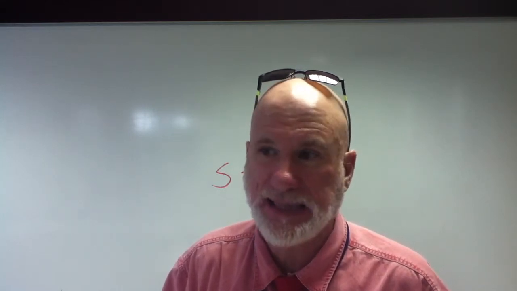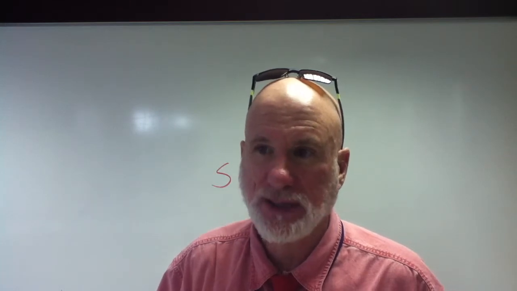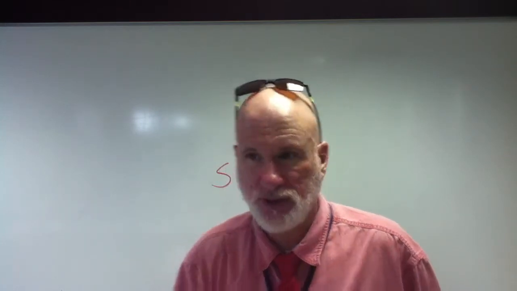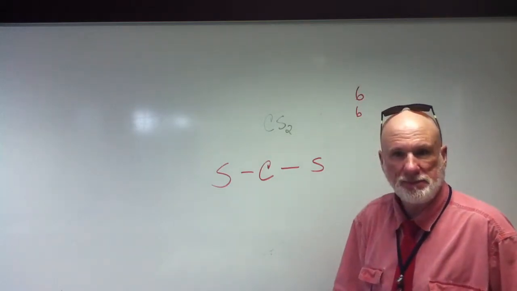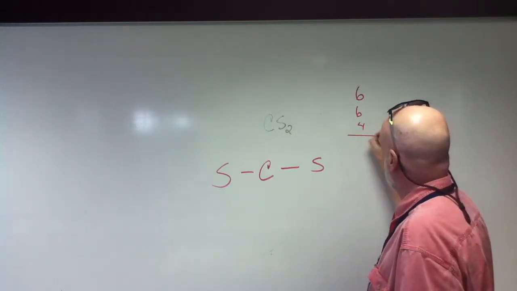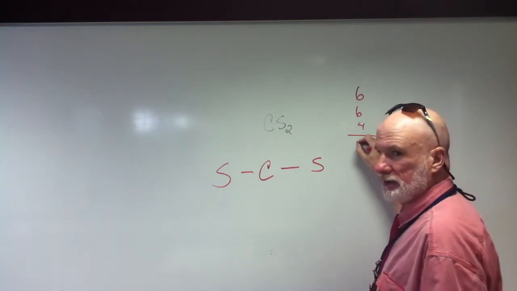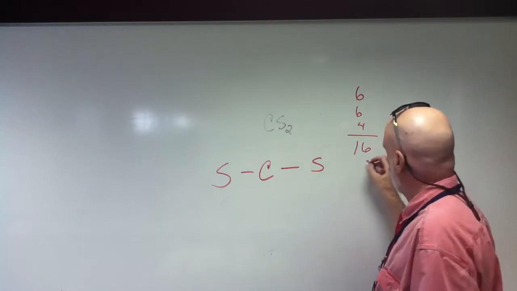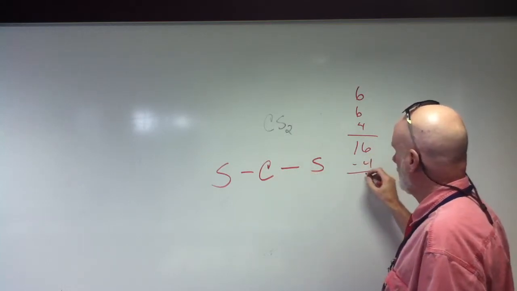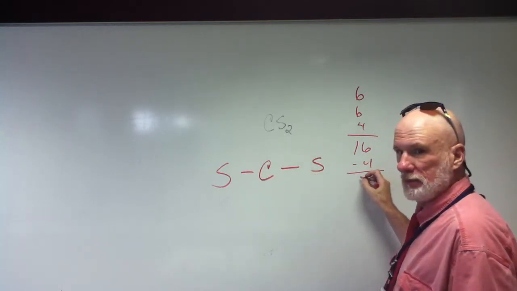The valence state is the number of valence electrons available. 6 for sulfur. And what about carbon? 4. So that's going to be 16, minus 2 each. So that's minus 4 is going to be what?